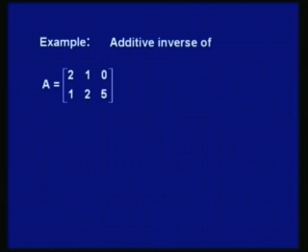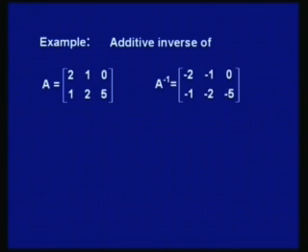Example: if I have a matrix A as 2 1 0 1 2 5, a 2 by 3 matrix, then its additive inverse is -2 -1 0 -1 -2 -5, and this can be very easily verified.